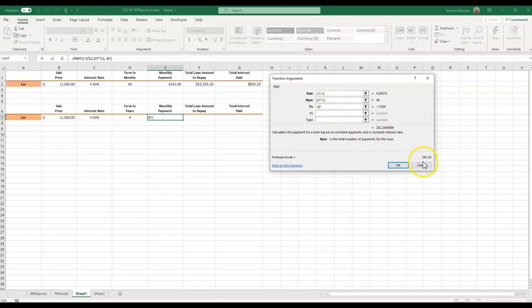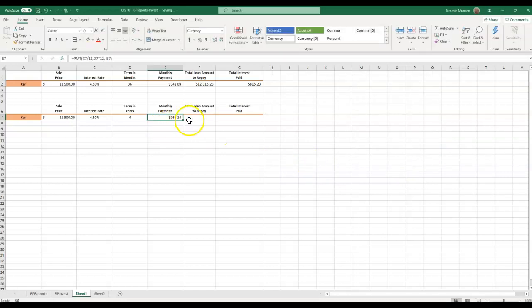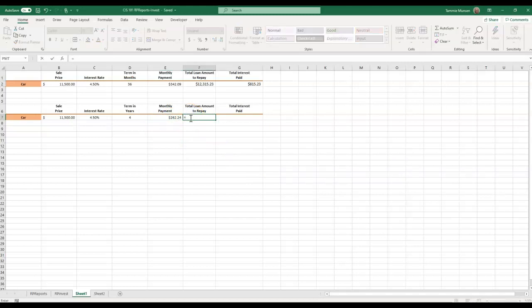So in this instance, I'm going to pay back $262.24. Again, my formula to figure the total amount I'm going to repay, I'm going to take cell E7 and multiply it times D7. And then what's my interest? Oh, that is not correct. Sorry.